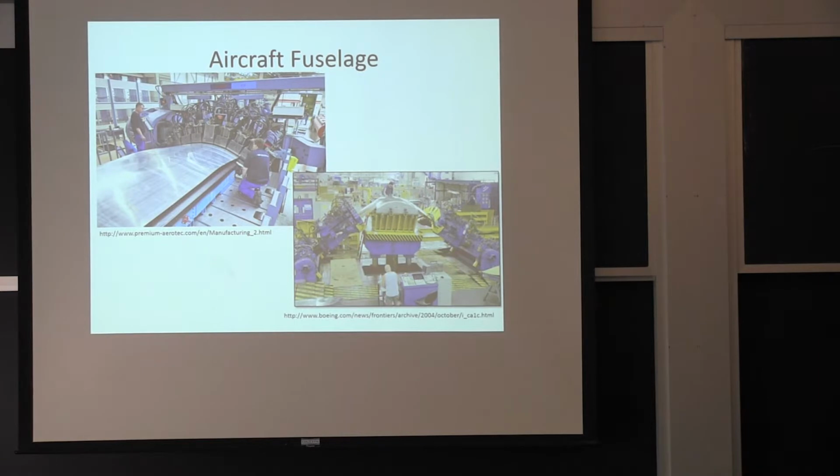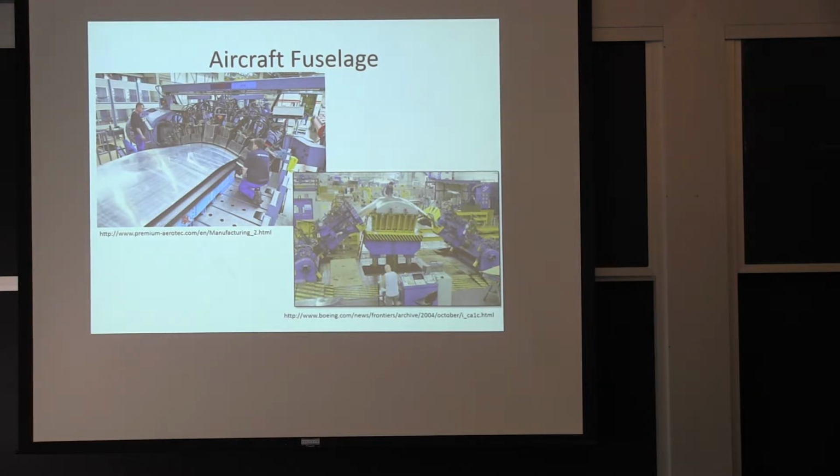If you were to try to do it through other processes, like for car body panels, typically you use stamping. But what stretch forming allows you to do is end up with much less spring back, because as you stretch form, everything is loaded in tension as opposed to having bending. If you bend something, it's going to bend back.